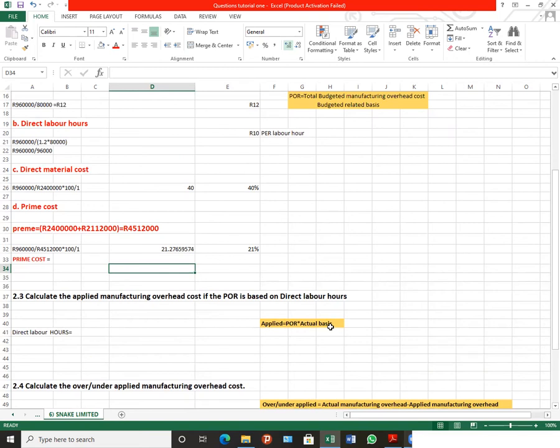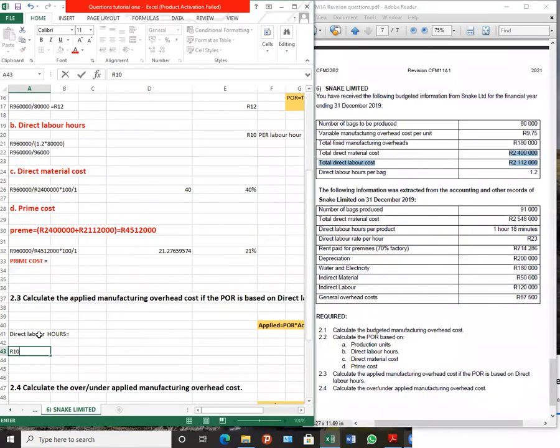Are we together? Here it's based on direct labor hours. We have calculated the POR of direct labor hour, which is 10 rand. And then here, we are going to look at our actual labor hour.